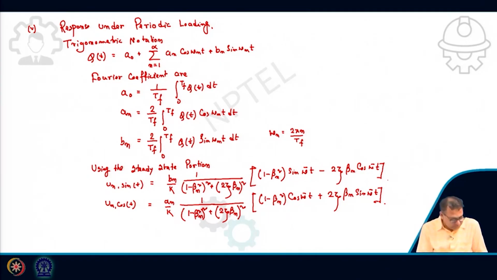We can write it in this way. So finally the response u(t) will be u0 plus summation of n equal to 1 to infinity of un sin t plus un cos t.